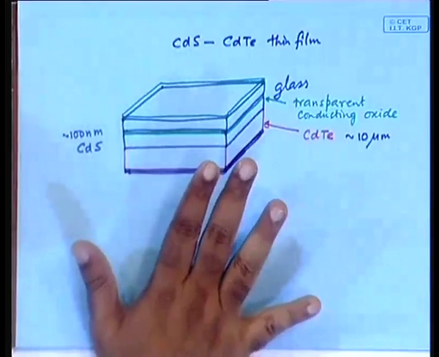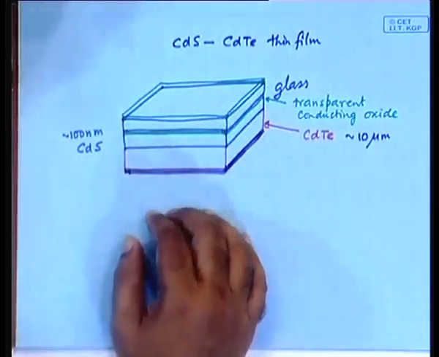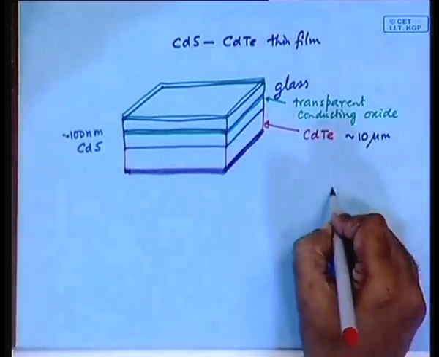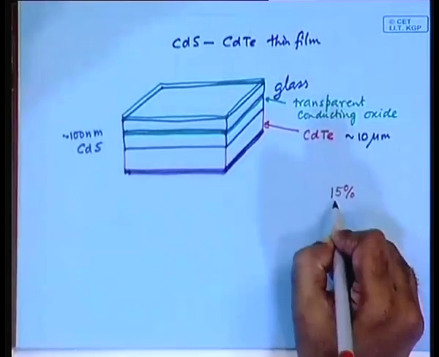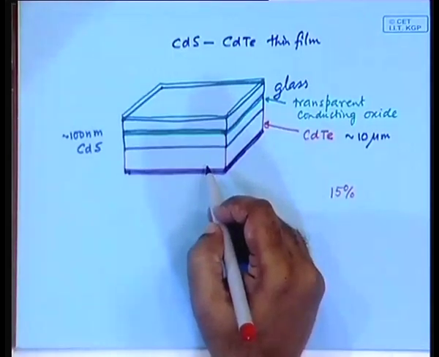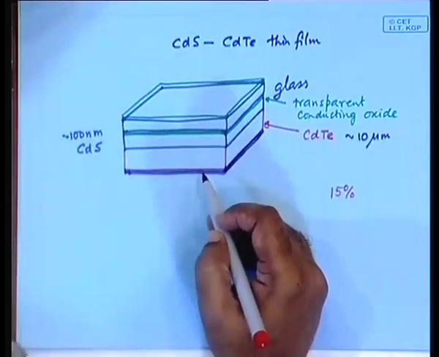These kinds of materials are considered nowadays for thin film solar cells. Its efficiency has gone up to something like 12 to 15%. So, approximately 15% efficiency has been achieved with cadmium sulphide, cadmium telluride solar cells, while in the case of amorphous silicon thin film solar cells, we have not been able to achieve efficiency of more than 10%.